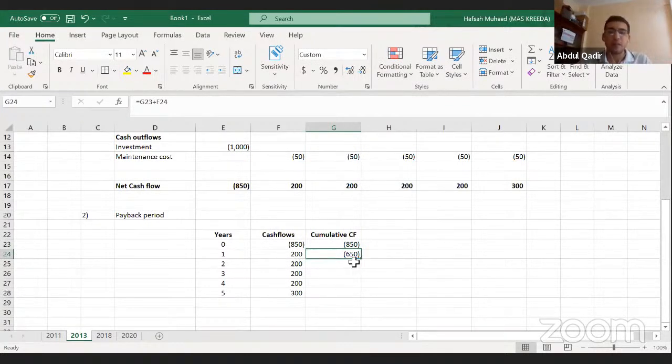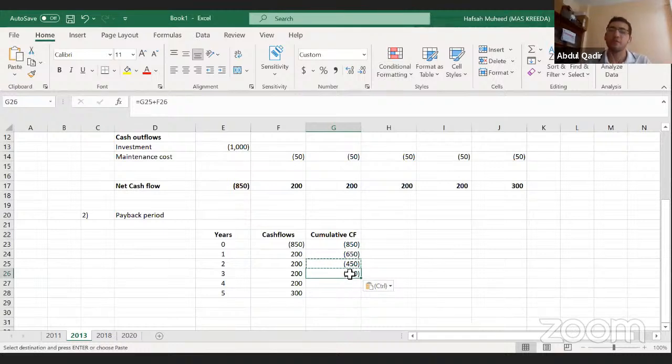And then again, out of 650, we receive 200 in year 2. So then I have balance 450. Minus 650 plus 200, which is a minus 450. Right? If you all have any questions or clarifications on this, please let me know. Right? So next year also the same thing. We have 450 remaining. You earn 200.